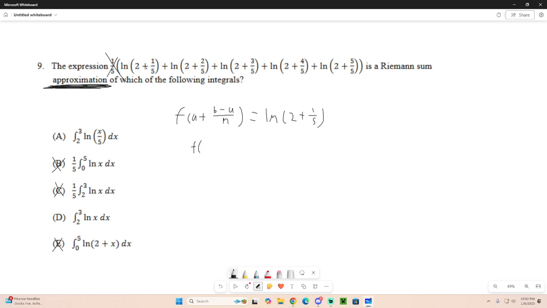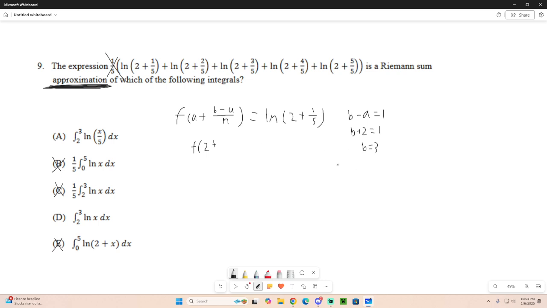Yes. There's 5 rectangles. And we know we're starting at 2. So we have 2 plus, and b minus a should be equal to 1, and we know a is 2, so b minus 2 equals 1, right? So that means b is equal to 3.